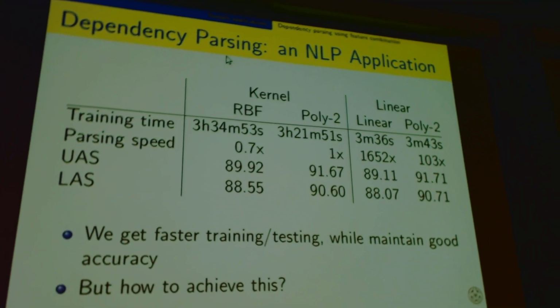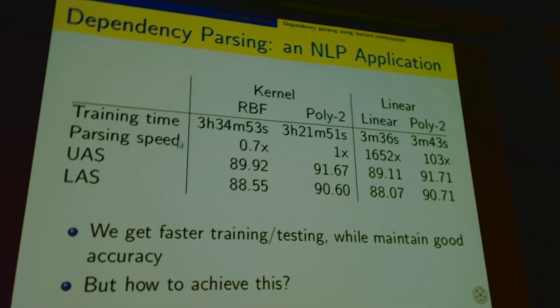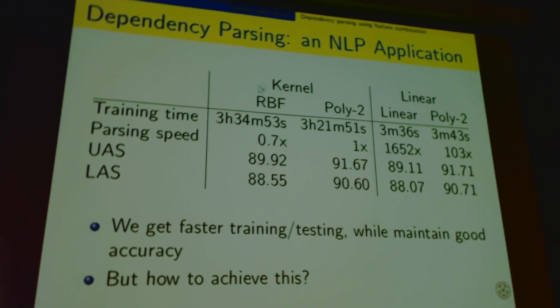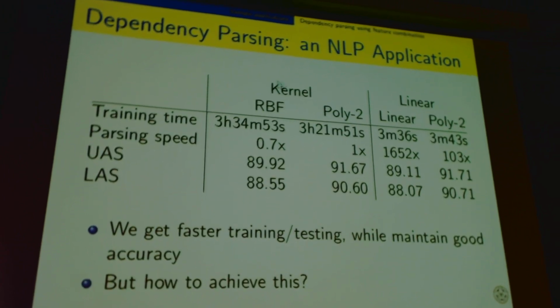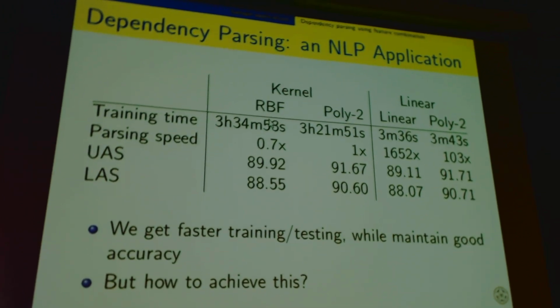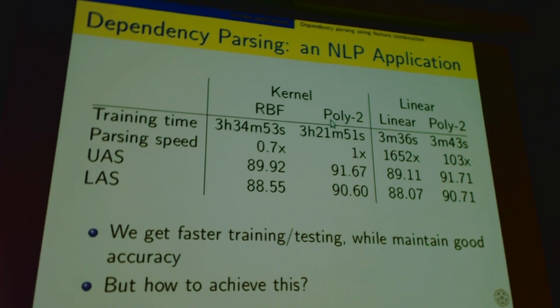Dependency parsing is a natural language processing application. Let me show some original results of using kernel. By using kernel, I can use RBF or Gaussian kernel or degree 2 polynomial kernel. My training time is about 3 hours.